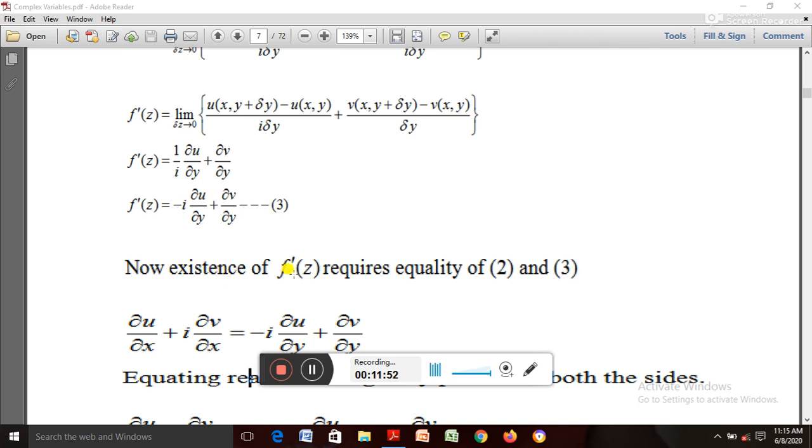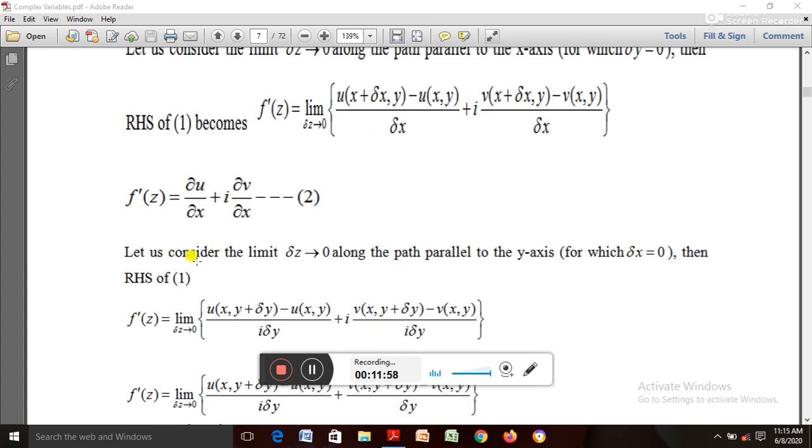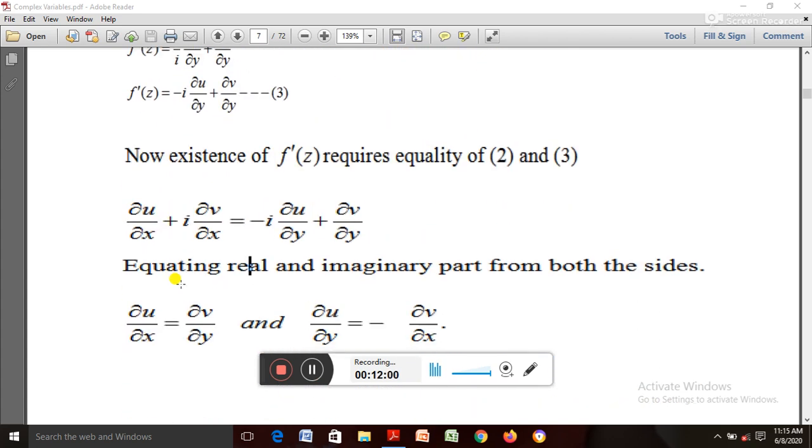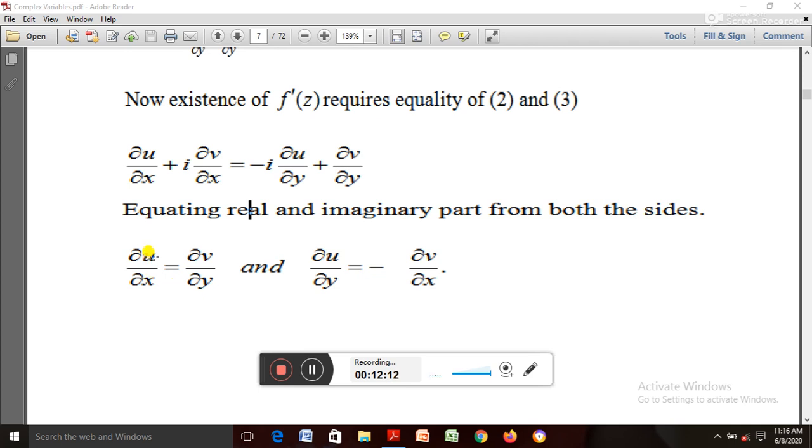Now the existence of f dash of z requires equality of equations 2 and 3, so equate equation number 2 and 3. The left-hand side is the same, so we only equate the right-hand side: del u by del x plus i into del v by del x equals minus i into del u by del y plus del v by del y. Equating the real and imaginary parts from both sides, we get del u by del x equal to del v by del y, and from the coefficient of i, the imaginary part, del u by del y equal to minus del v by del x.